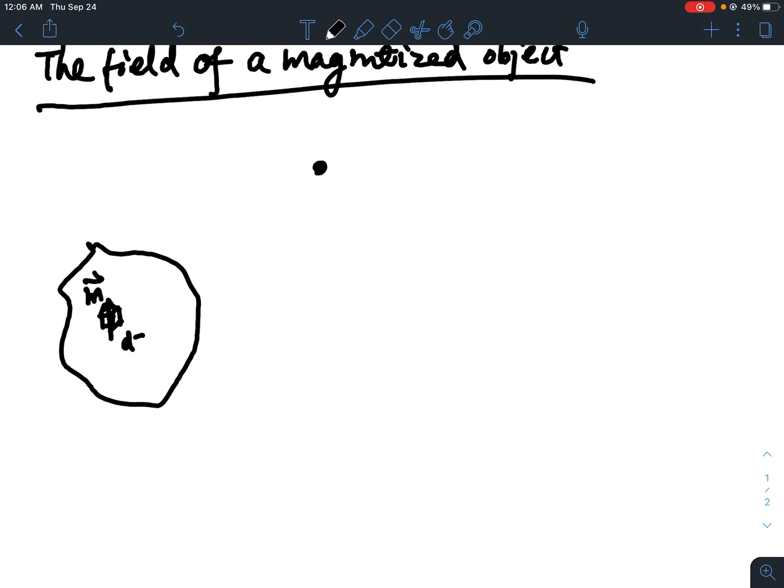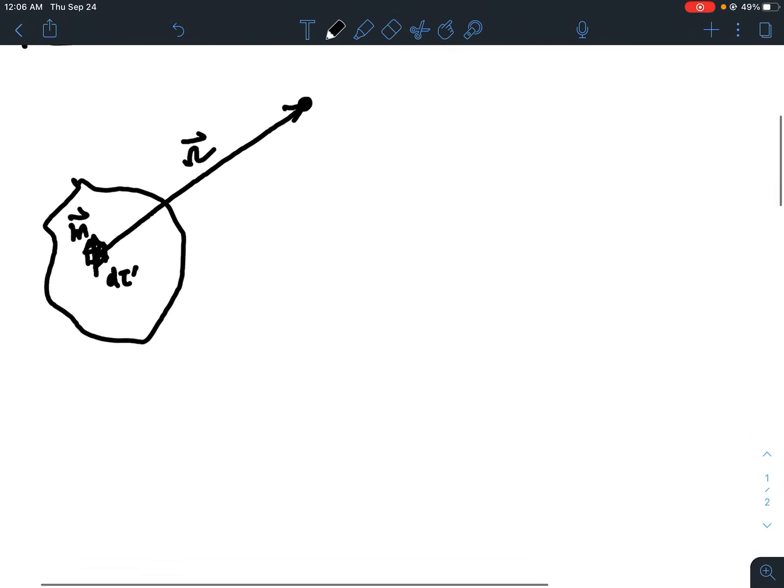The volume is d tau prime, the dipole moment is m, and the separation between these, let us assume, is in the script r direction.